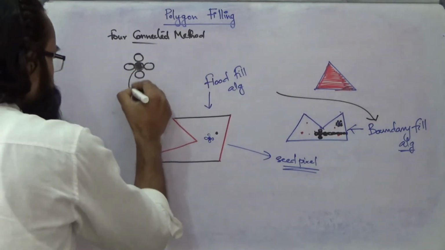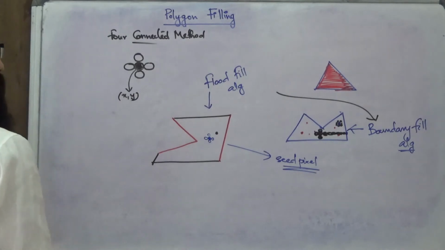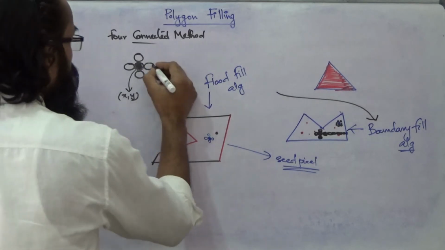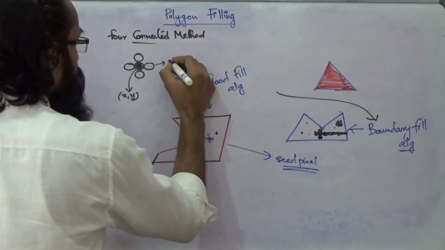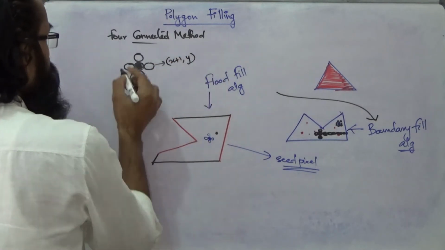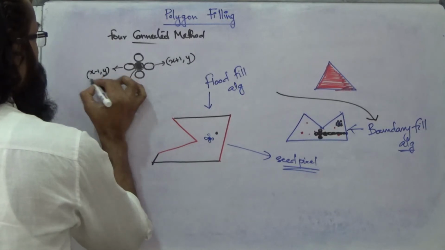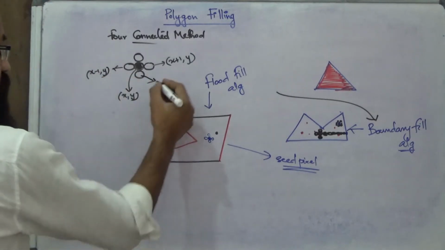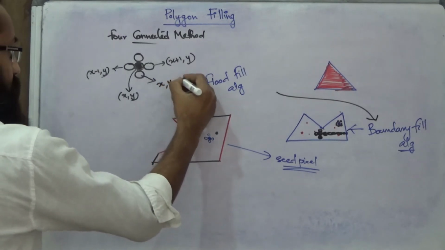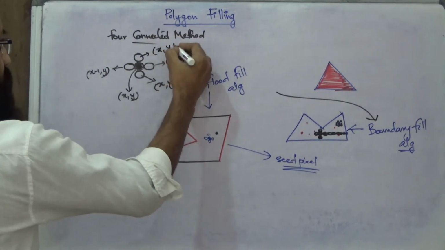So if this pixel is of Cartesian coordinate x y, then the recursive call will be initiated for the pixel with Cartesian coordinate x plus 1 y, the pixel with Cartesian coordinate x minus 1 y, the pixel with Cartesian coordinate x y minus 1, and the pixel with Cartesian coordinate x y plus 1.